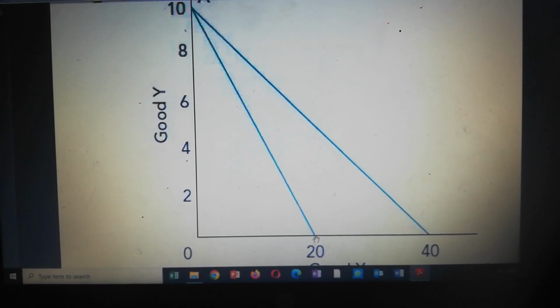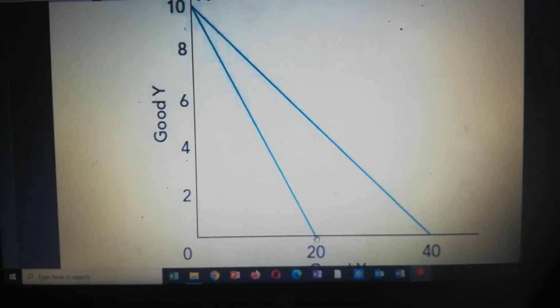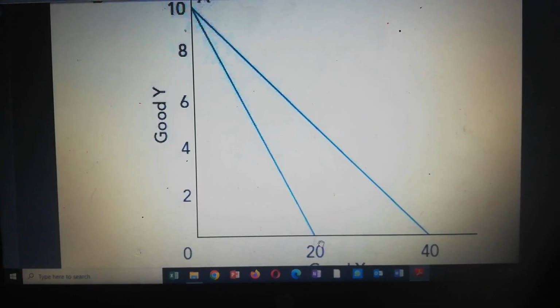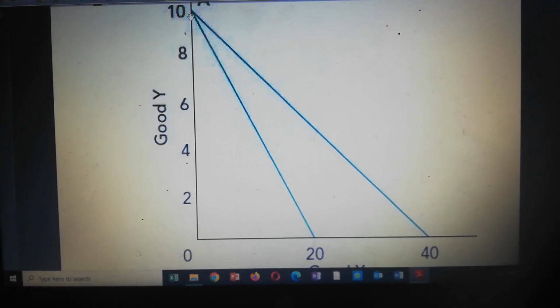They were once consuming 20, because for good X, the price was, say, $10, but the price goes to $5. The consumers can now be able to buy 40. So if you look at it, our budget line shifts like that from 20 to 40. But it remains pivoted there at Y.